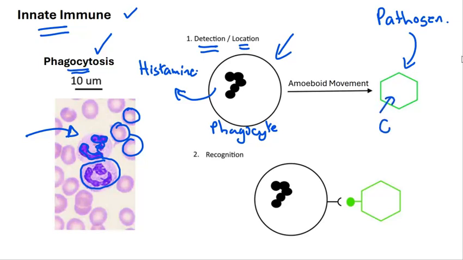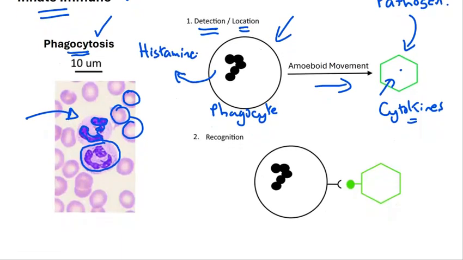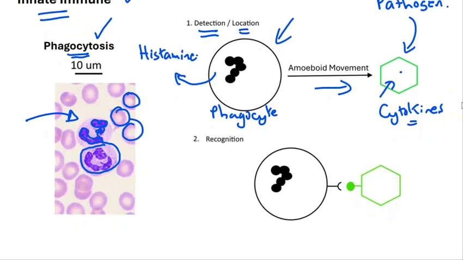And those chemicals are cytokines. The phagocyte can move along the chemical gradient of these cytokines, gradually homing in on the pathogen for its destruction.